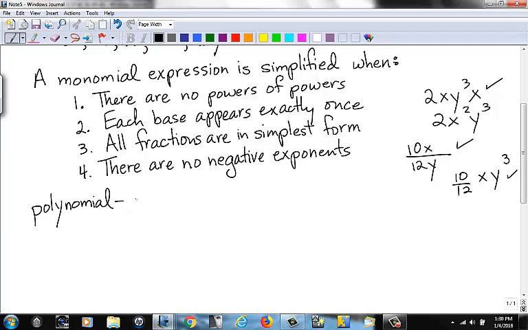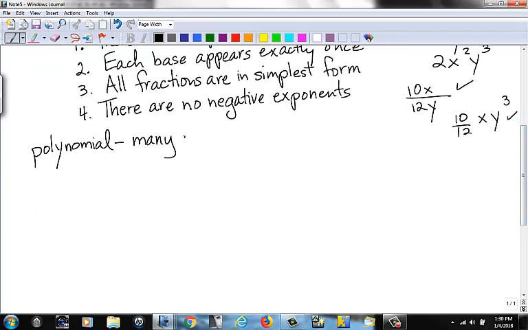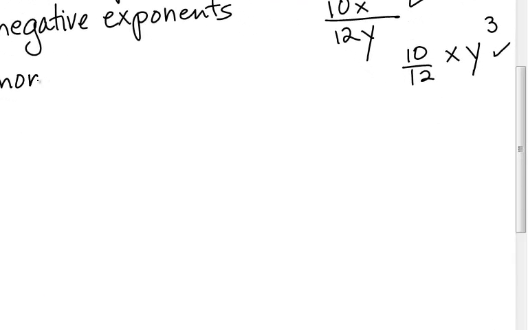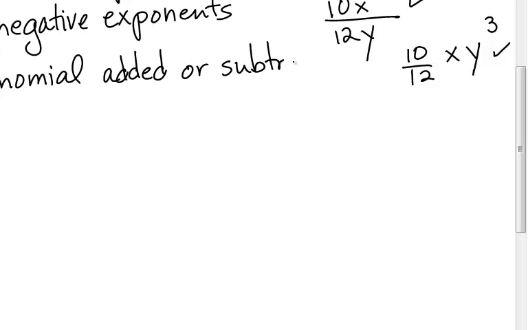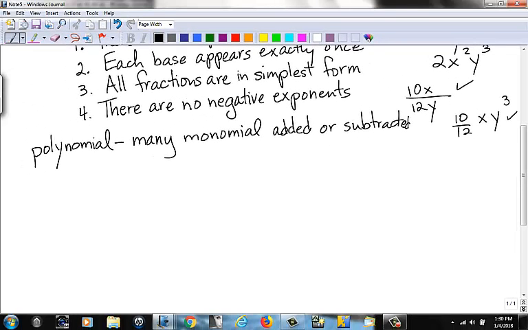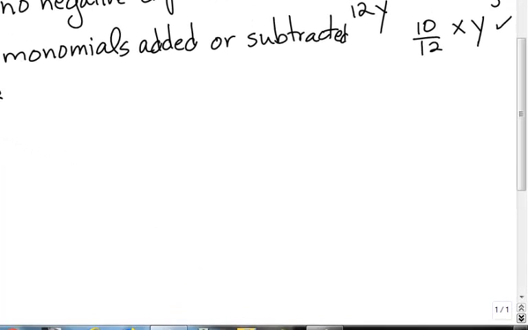So a polynomial means many monomials added or subtracted together. So if I said like 5x plus 3y squared minus 2z cubed, okay, those are all monomials and they're added or subtracted, so that fits the definition of a polynomial.